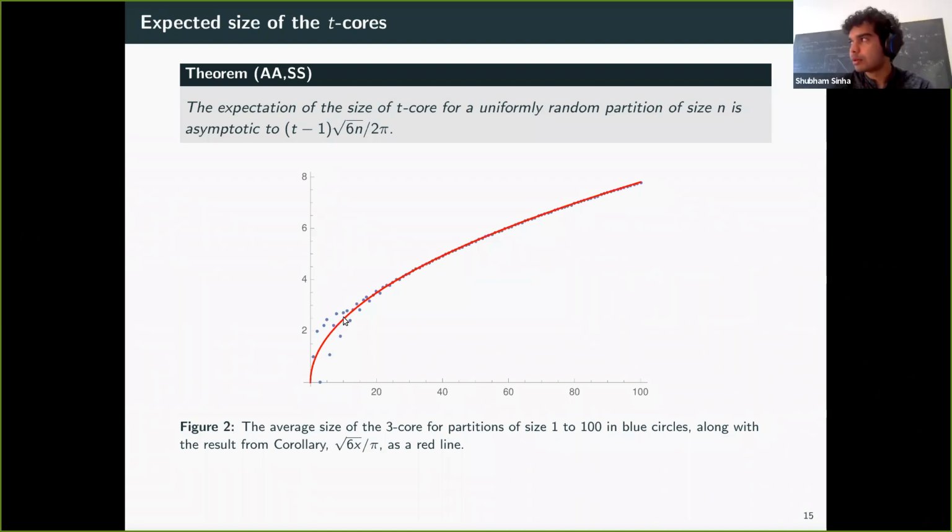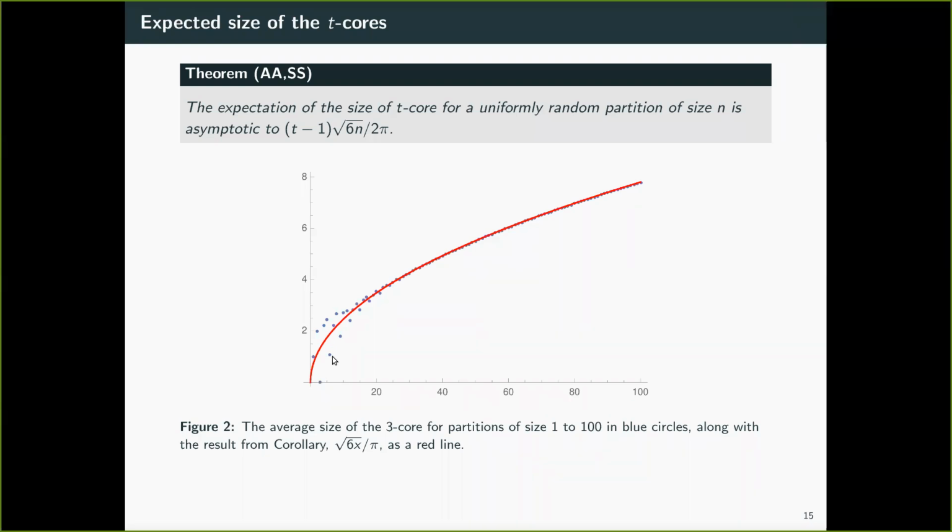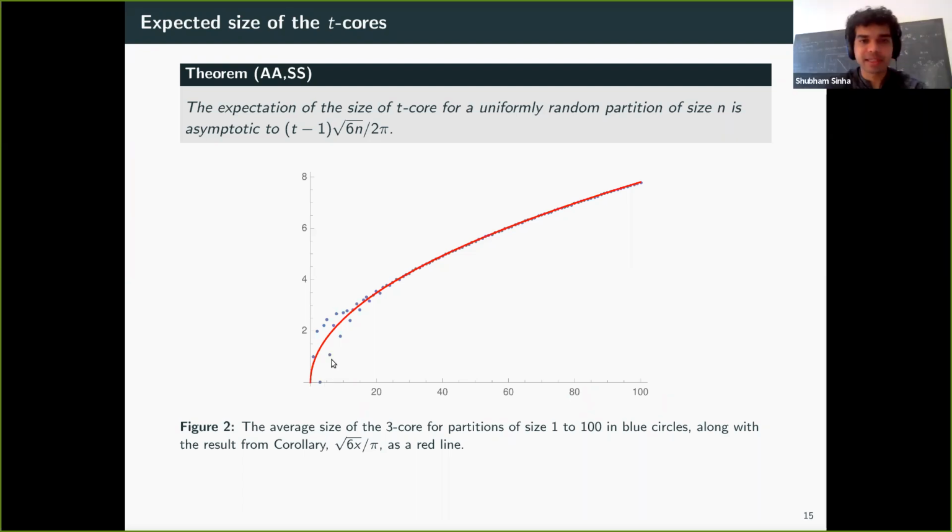Okay, so I don't remember exactly what these points are, but my guess would be that these points are possibly where the number is divisible by 3, because then when you take the random core, it has the possibility of being empty.